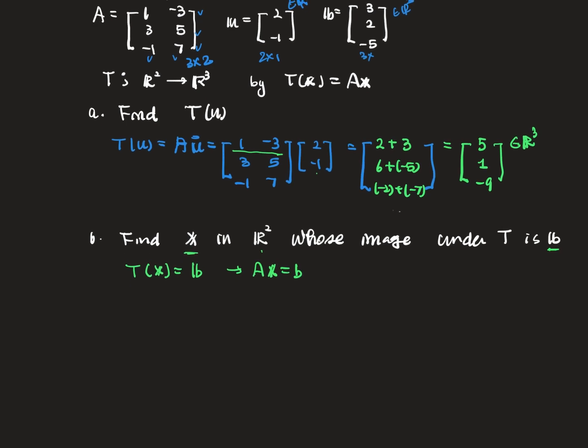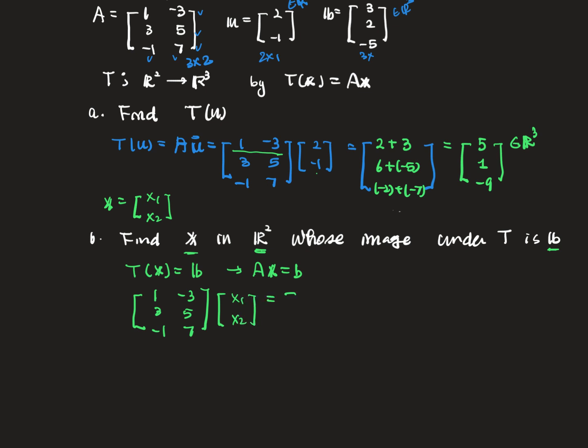So we're going to solve a system of equations, or solve a matrix equation, right? So A is going to be 1, negative 3, 3, 5, negative 1, and 7. We don't know the x vector, but it's in R2, guys, make sure the x vector is in R2. So x1, x2, right? So this one is x1, x2.